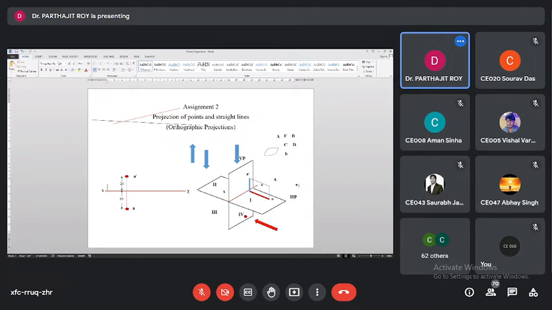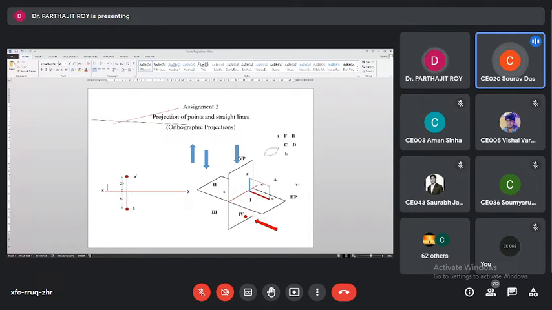Okay. Now, which one is preferable to practice? First angle projection method or third angle projection method, second or fourth? Let's see what happens. Sir, first angle. Why first angle? Because in the first angle, the front view is above the XY line and the top view is below the XY line.